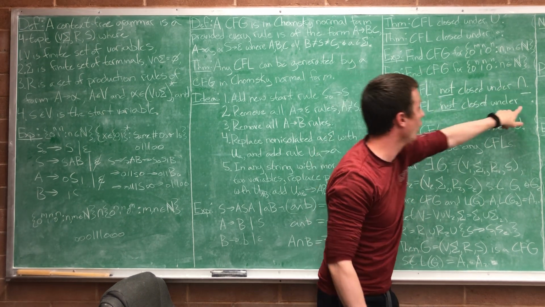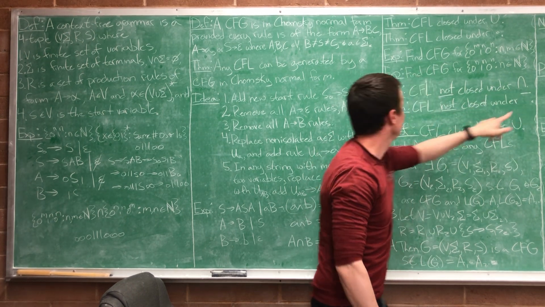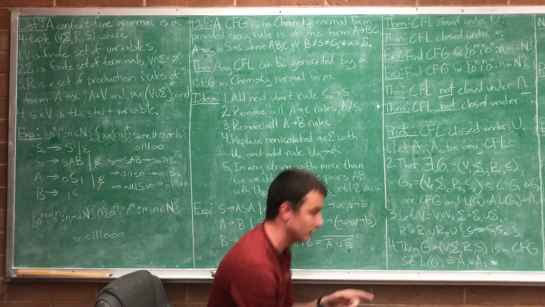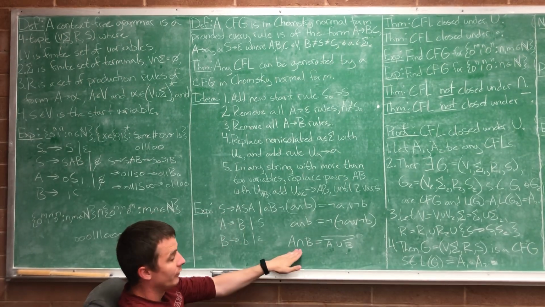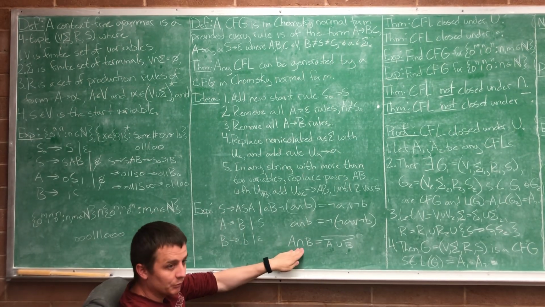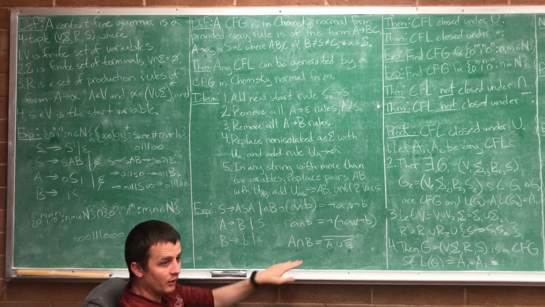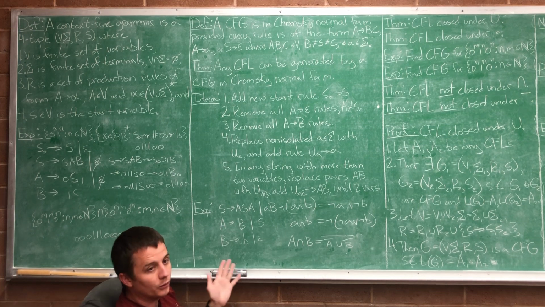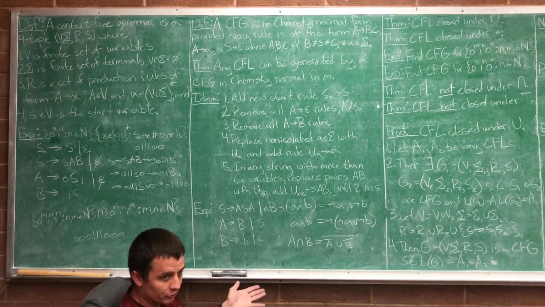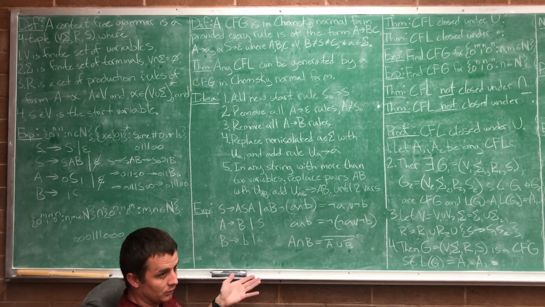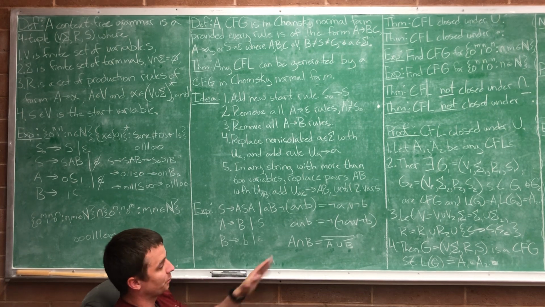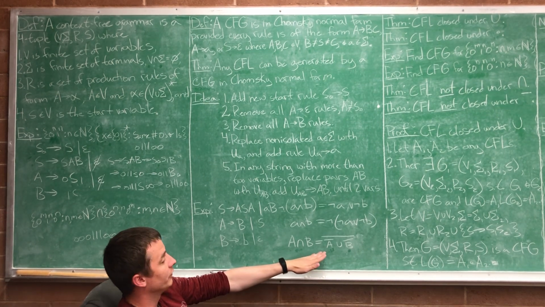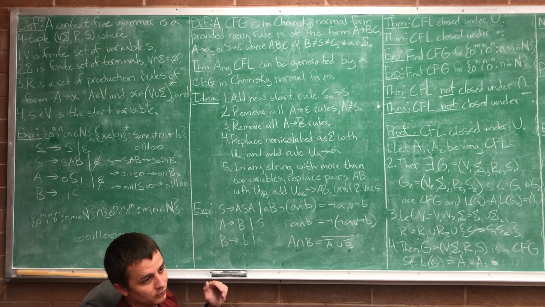If they were closed under complement, since we already know that they're closed under union, then they'd have to be closed under intersection. So, if your languages are ever closed over two of those three operations, it's closed under all three, because you can always express one of them in terms of the other two.